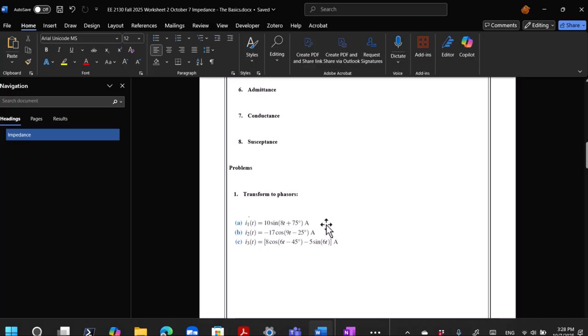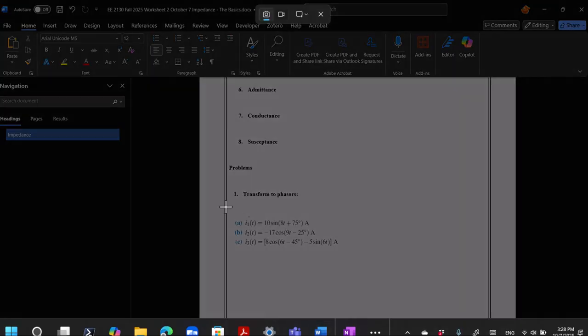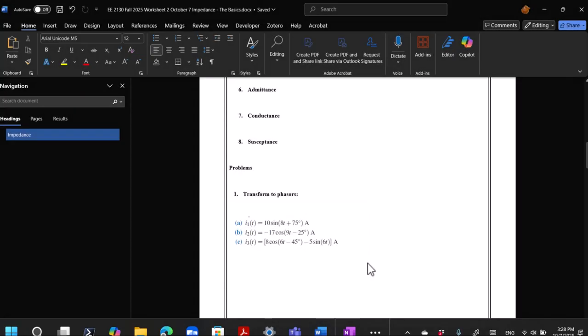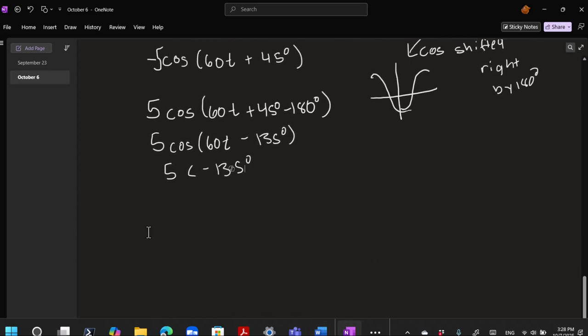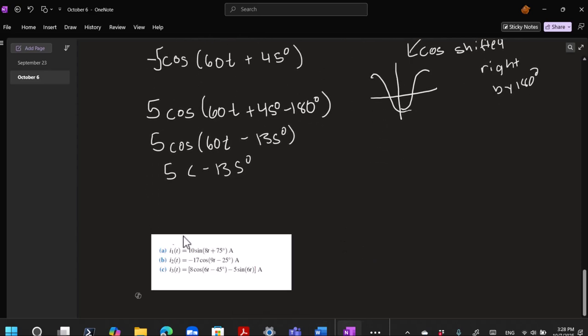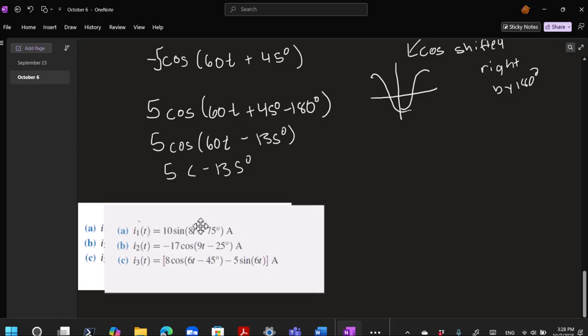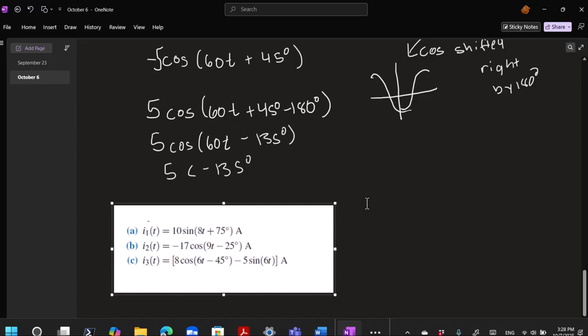Let's look at problem number 1. Let's transform these into phasors. And the reason we want to do this is because we want to work with everything with phasors rather than with using sines and cosines.